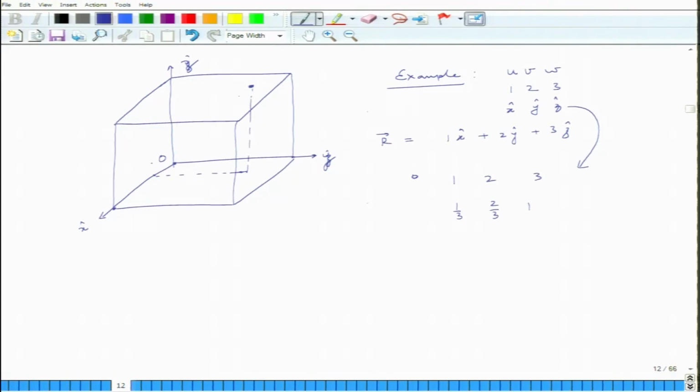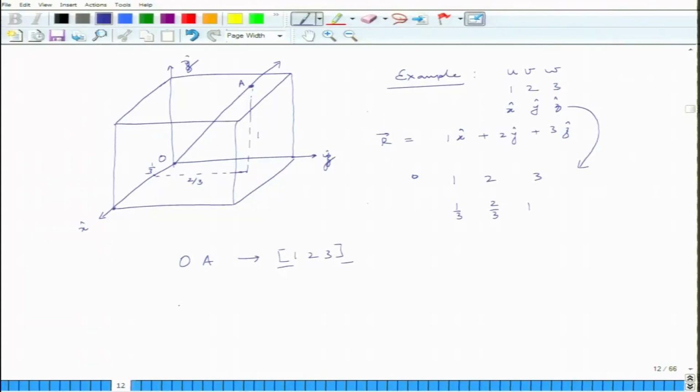So, this is 1/3, 2/3 and 1, and now you connect the end point. This is A, and this is the direction OA. So, OA is nothing but the 1, 2, 3 direction, alright.